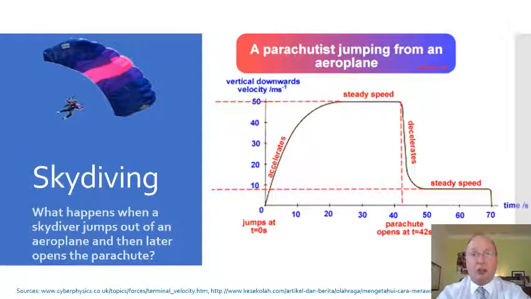And again, this is at a terminal velocity with the parachute open, just under 10 meters per second downwards, until there's a point where the skydiver or the parachutist can actually guide the parachute so it's no longer falling straight down, but has a bit of a horizontal velocity, which is not shown in the graph, except the last bit at about time 70 seconds, where the parachutist actually lands on the ground.